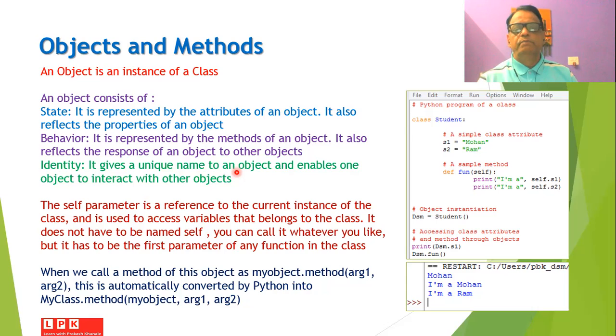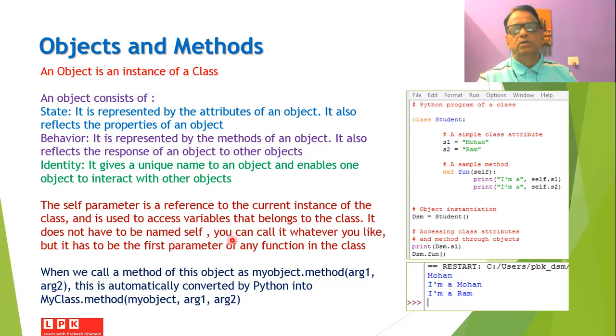Whenever we make use of a class, it can make use of a parameter called the self parameter. The self parameter is a reference to the current instance of the class, and it is used to access variables that belong to the class. It does not have to be named self.